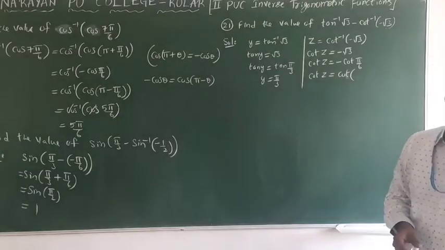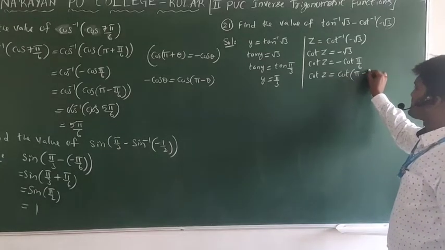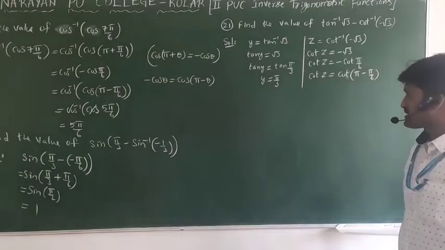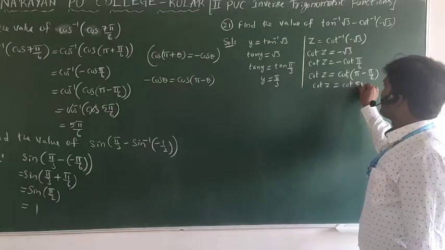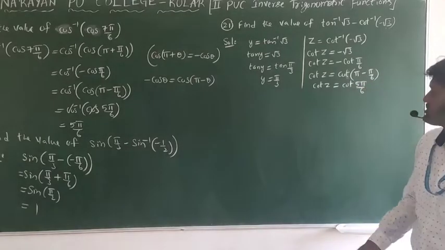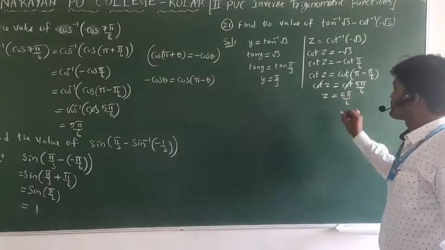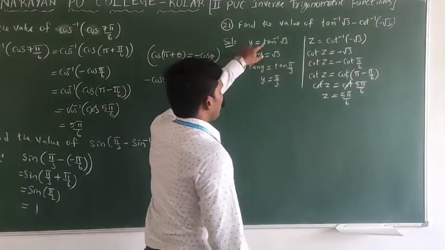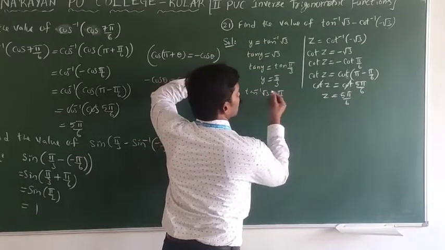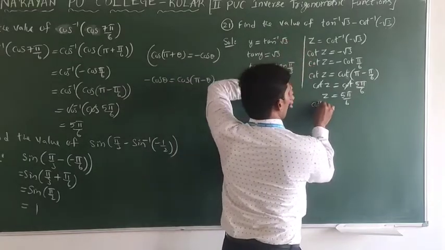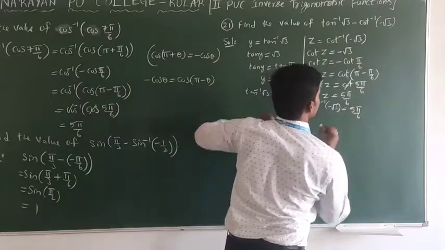Cot will be in which quadrant? Second quadrant. In the second quadrant, the angle is pi minus theta. It's pi minus pi by 6. From this, cot z equals cot of, by taking LCM, 5 pi by 6. Now cot cancels. Now z equals 5 pi by 6. Now clearly y means tan inverse of root 3, that value is pi by 3. z means cot inverse of minus root 3 equals 5 pi by 6.